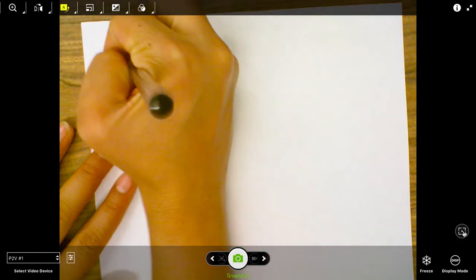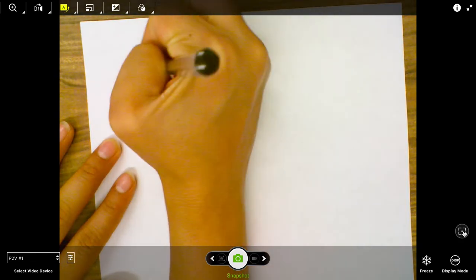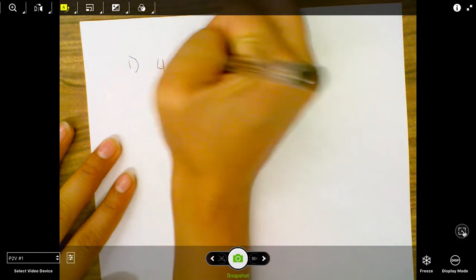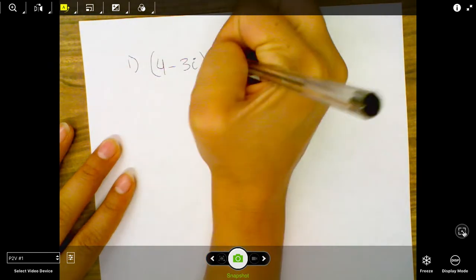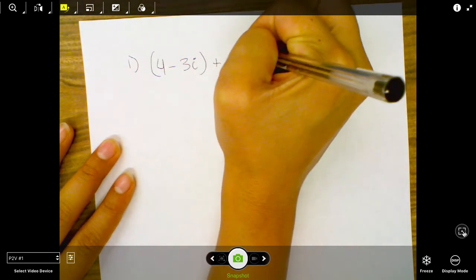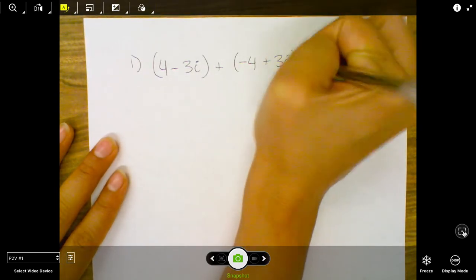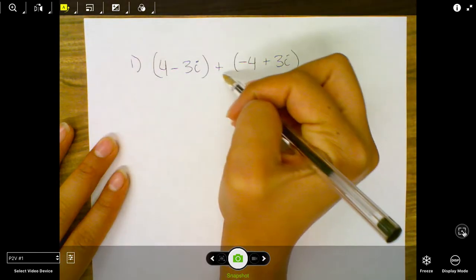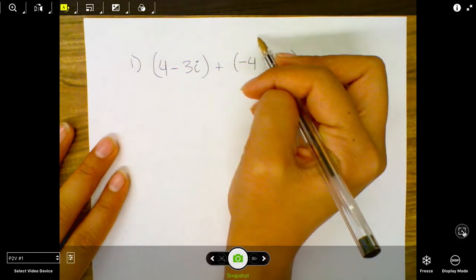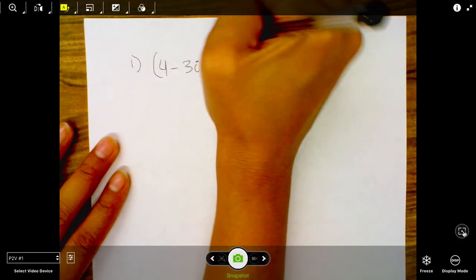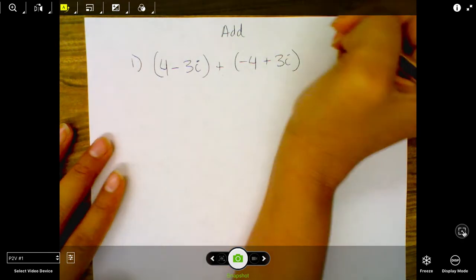The first example is 4 minus 3i plus -4 plus 3i. We have an addition in between, so this is just an add example.